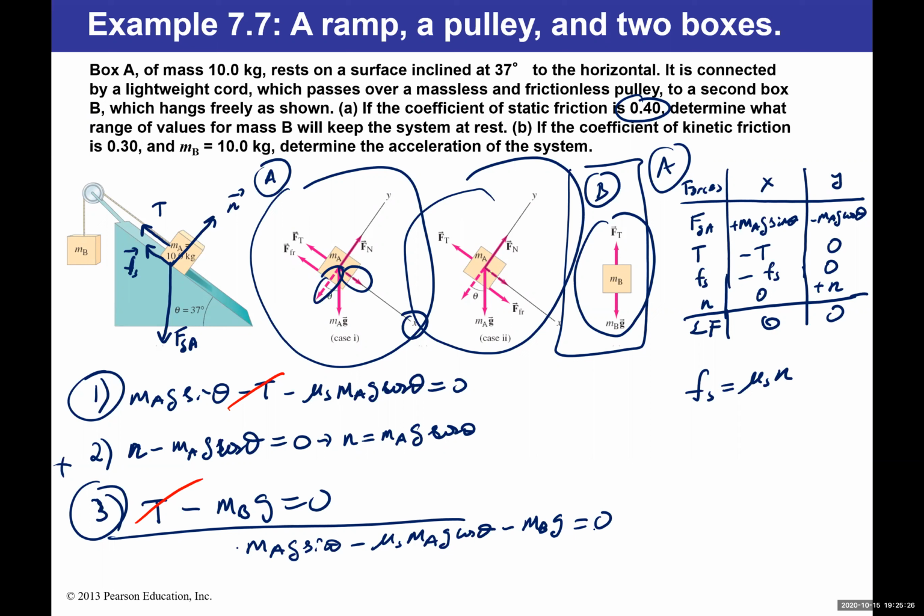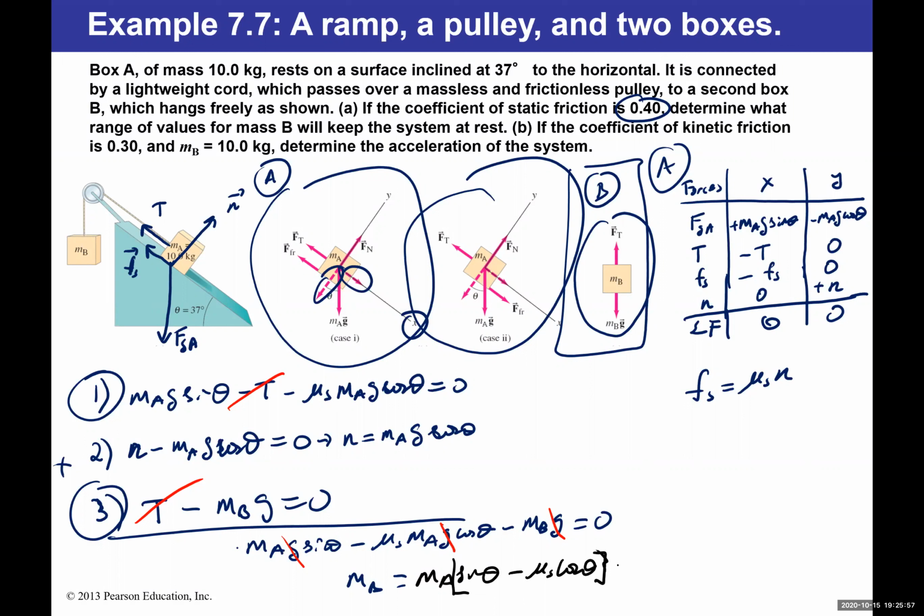And you can see that I have just one term with m_B. So I can say that m_B is equal to, and here's what I can do also, which is nice, I can cancel the g's everywhere. Then m_B is equal to mass of A times sine of theta minus mu s times mass of A cosine of theta, which I can factor out as mass of A like that.